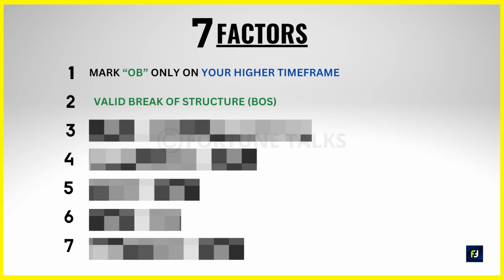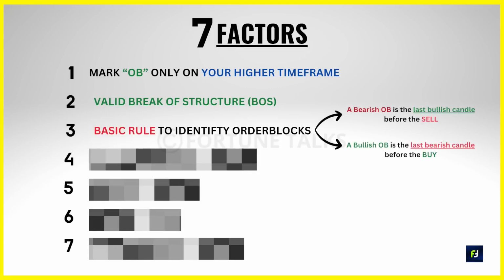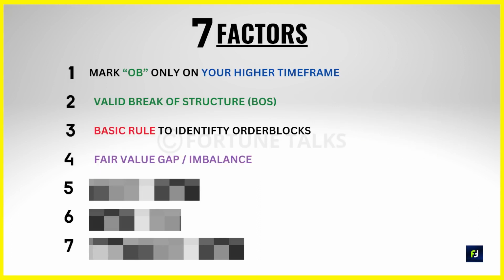Second one is that there should be a valid break of structure. The third thing is to look for the last buying candle before the sell for a bearish market structure and look for the last selling candle before the buy for a bullish market structure. But certain conditions apply to this step. The fourth factor to notice is that there should be an imbalance or a fair value gap. Another important thing to look out for is that there should be a proper inducement after the break of structure.